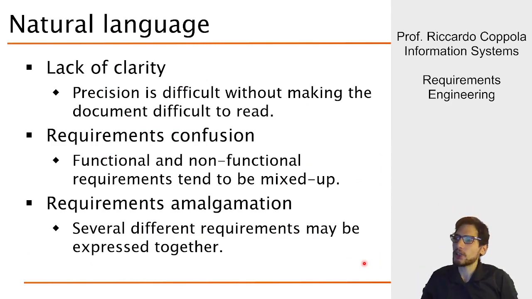What is an issue when describing requirements with natural language? The issue is that I write down my requirements document, which will include my functional and non-functional requirements, and I write them all down in natural language.